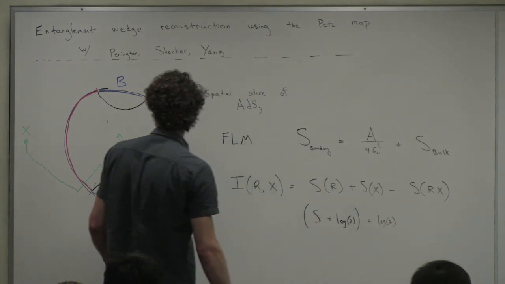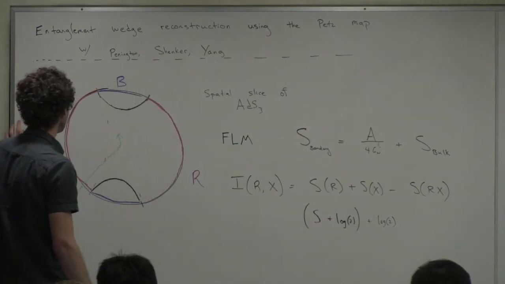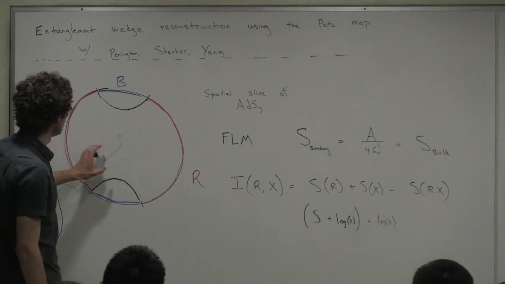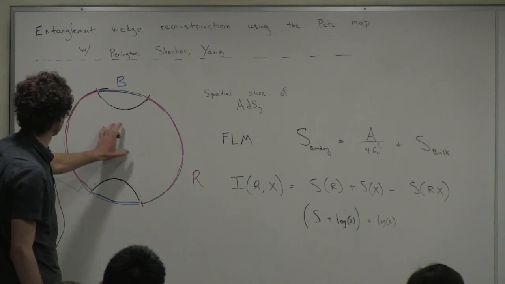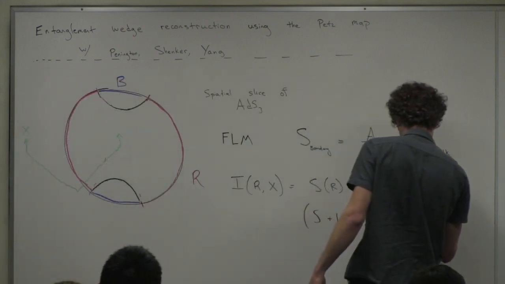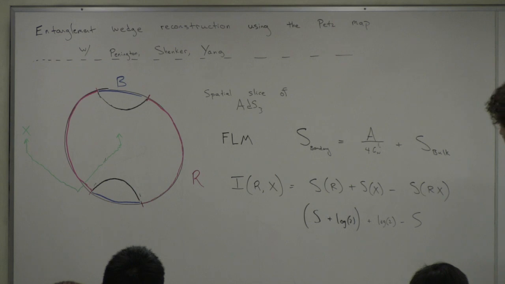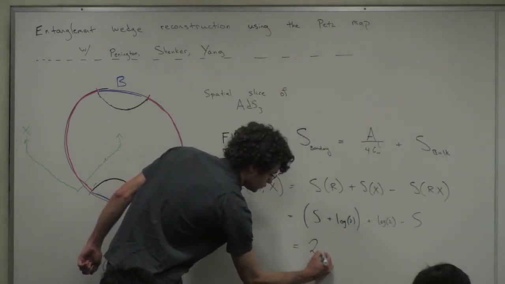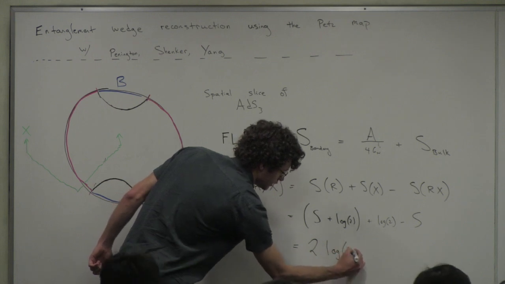And then entropy of R and X together, the entangled spin will not contribute because it's in a pure state between the bulk here and X. So this will be just minus the entropy, forgetting about the spin. So the result is 2 times log 2.